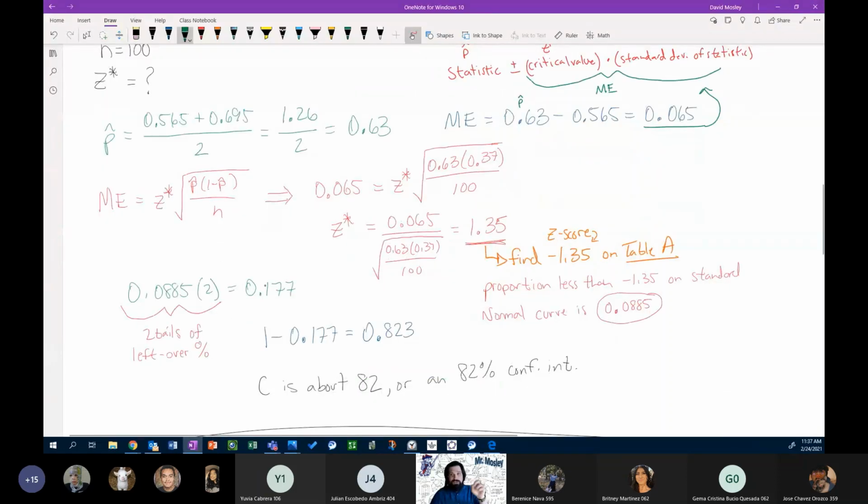Because that's only one tail, and I need to account for both tails, I multiply that by 2 and get 0.177. Subtract that from 100%, or 1, and I get 0.823. So C is closest to 82 as far as a percentage is concerned.